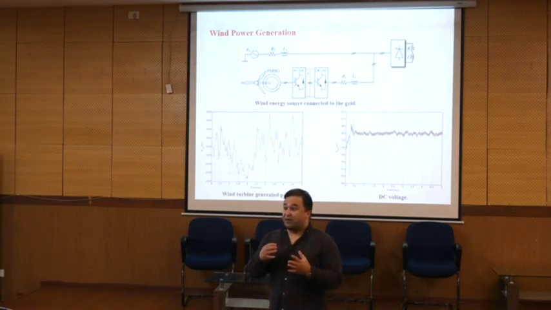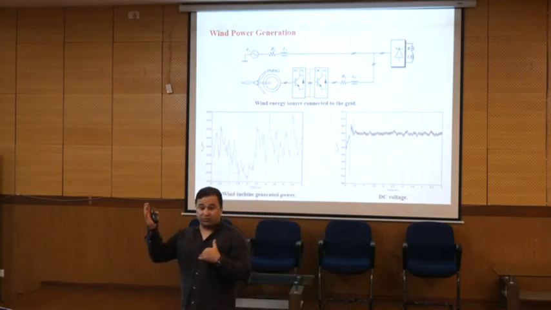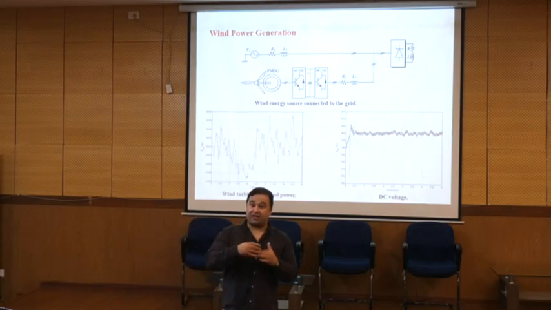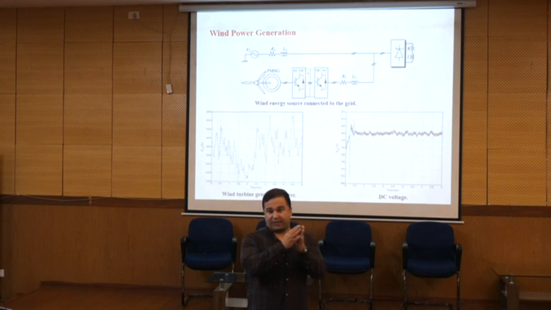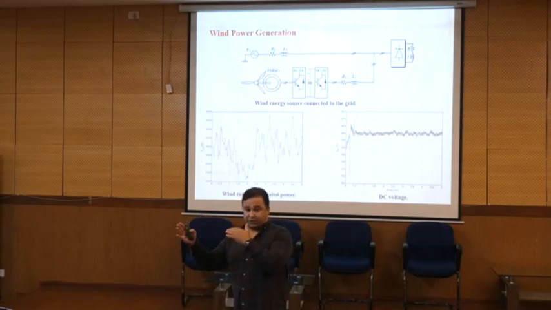In fact, we use the power station to integrate the power plant to the transmission line. In the power station, we use the transformer and increase the voltage level to several hundred kilovolts. Then by the transmission line, we send the power from the generation to the consumption side.